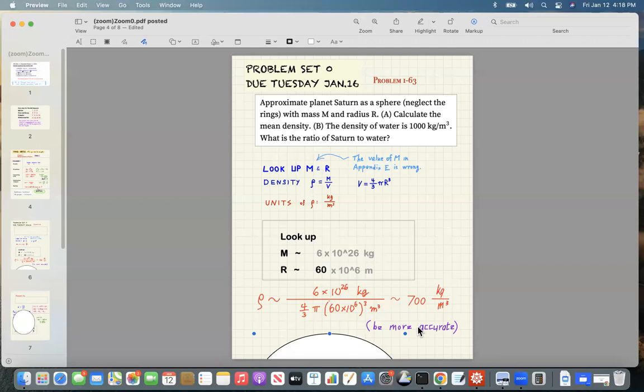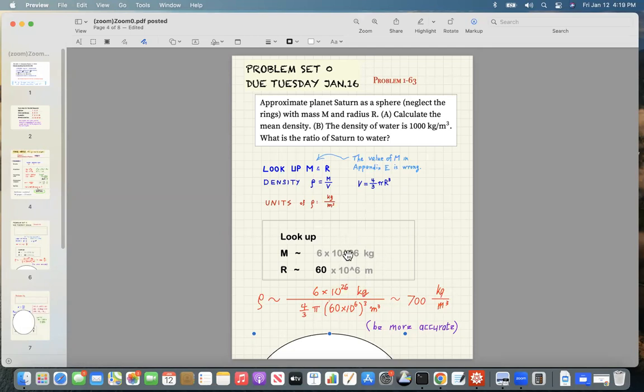If you give too many significant figures, then LON-CAPA won't accept it. LON-CAPA will say, no, don't use so many significant figures. I mean, after all, you only made rough estimates for these. So use 3 significant figures.